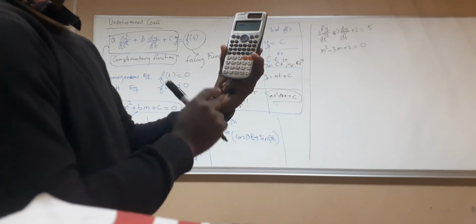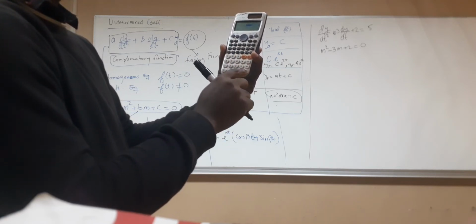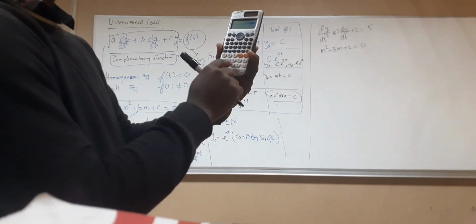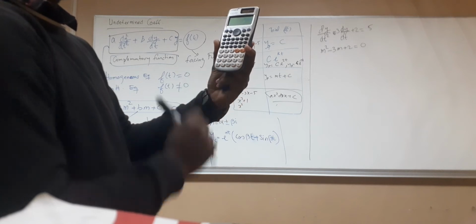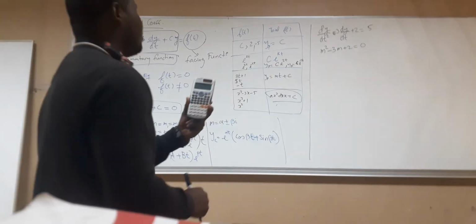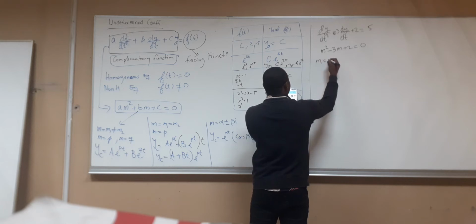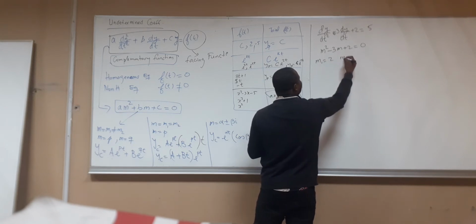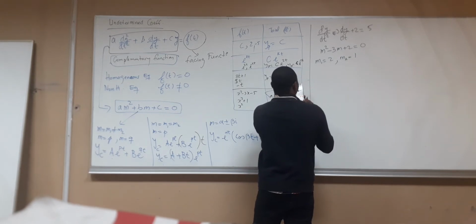You put 1 and press enter. You put minus 3 and press enter, and you put 2 and press enter. After that, you press enter again. Your x1, which will be m1, is equal to 2, and your m2 is equal to 1.